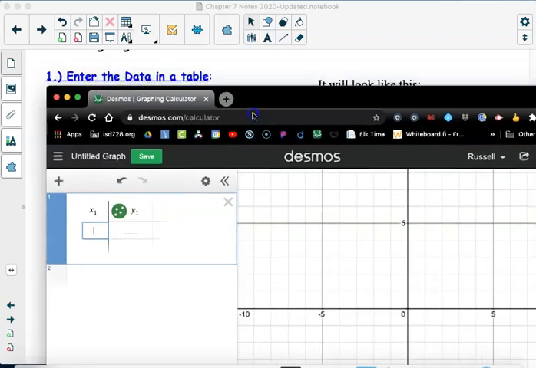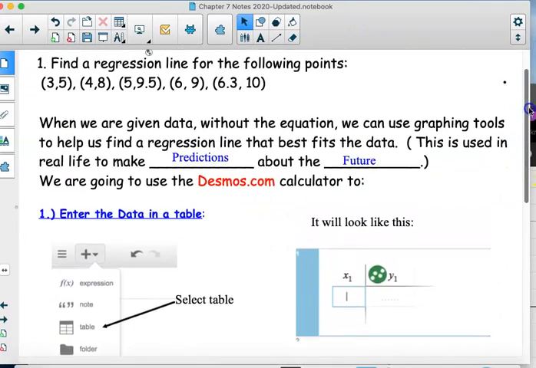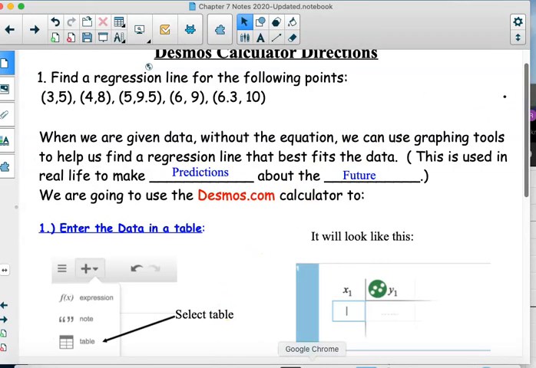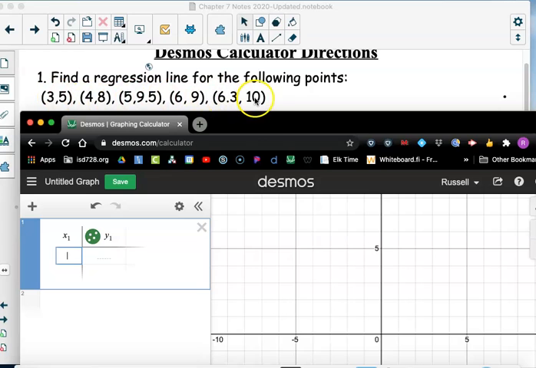And so now, let me scoot my screen here a little bit. I'm going to go back up to our points. And so I need these points entered in this table. So my first point is 3, and then I'm just going to tab over to 5. So 3, 5. I hit tab and it brings me down to the next one.